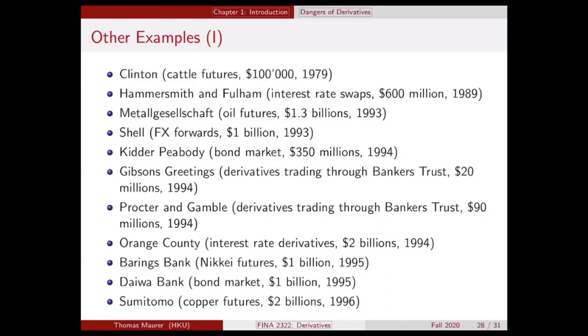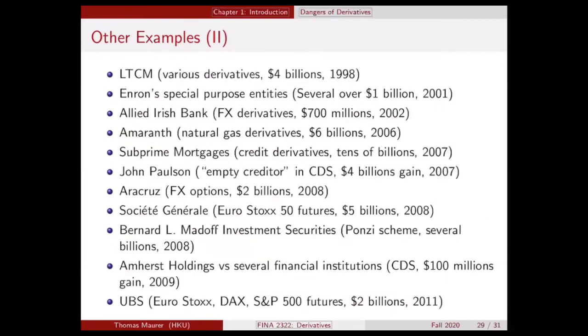And it turned out that Procter & Gamble and Gibson Greetings didn't really understand the contracts which they bought because they didn't have the financial expertise. They made the case that Bankers Trust were exploiting their position as their broker to really rip them off, selling them products which they didn't really need and which were not suitable for them, and just charging them a very high fee for these products.